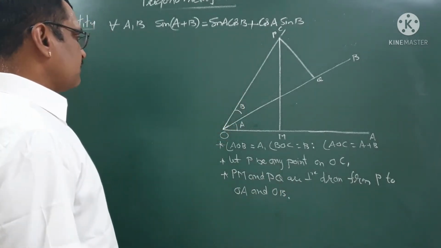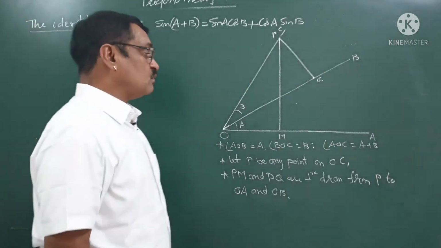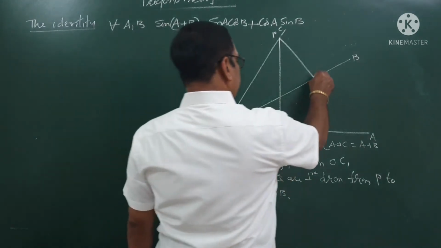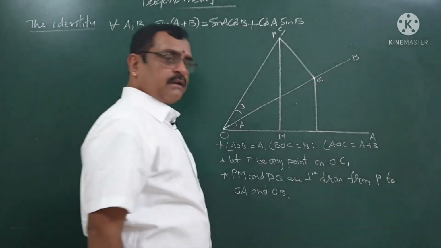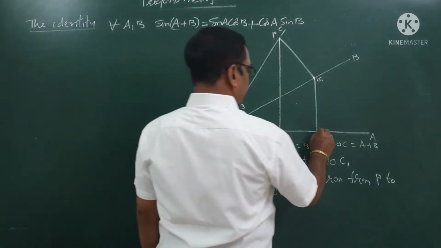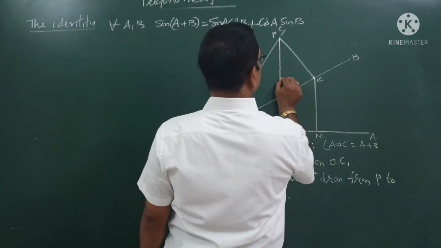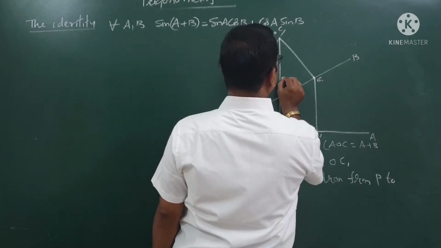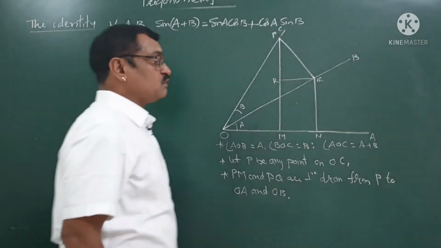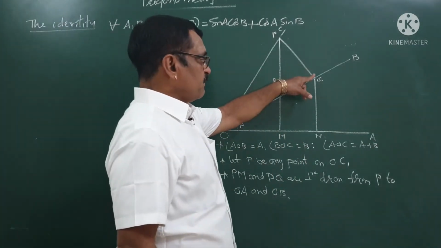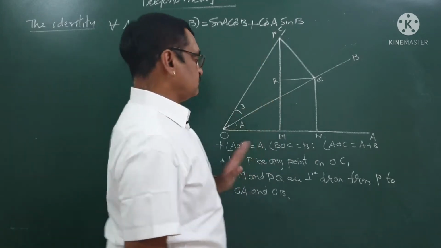Next, from point Q, I will draw a perpendicular line to OA. Let's say this is N, and from Q one more perpendicular line, let's say this is R. So from Q, perpendiculars are drawn to OA and PM.